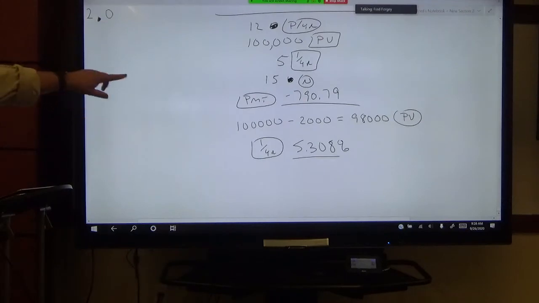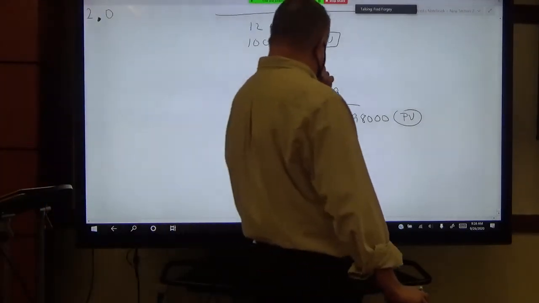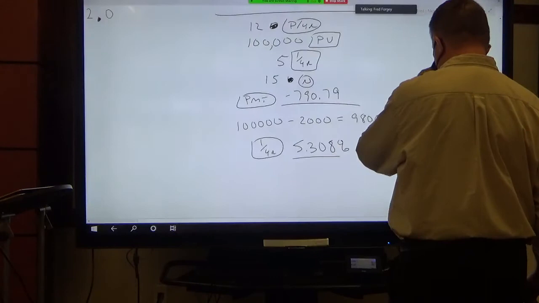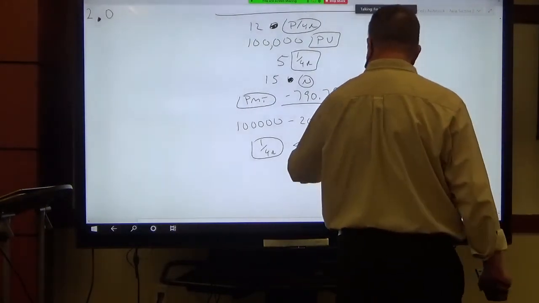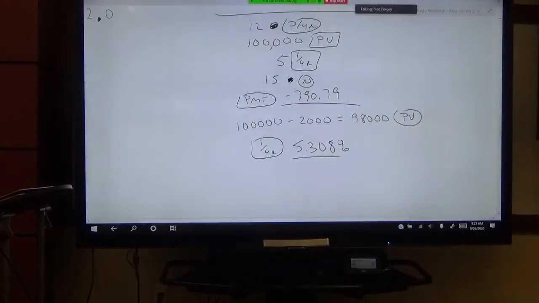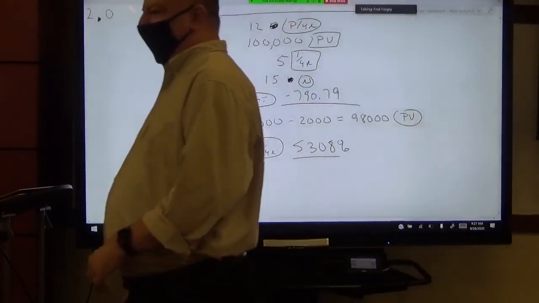Okay, but now what if we make this a little bit more interesting and we say, all right, what the lender is trying to do is manage their yield. And by that, what we mean is they want a certain yield. So let's just say this same problem, that they actually want a 5.5% yield.